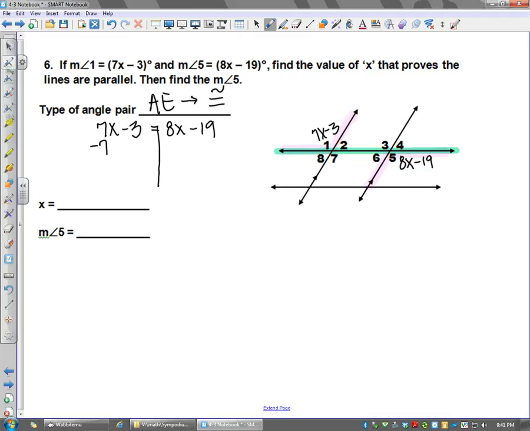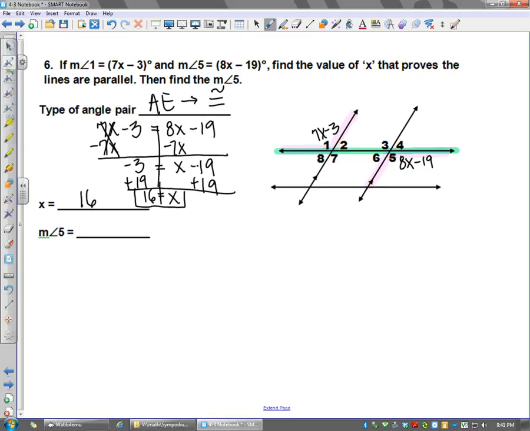I'm going to subtract 7x from both sides. I'm going to get my x's on the same side first. So I get negative 3 equals x minus 19. Then I'm going to add 19 to both sides, and so I get 16 is equal to x.